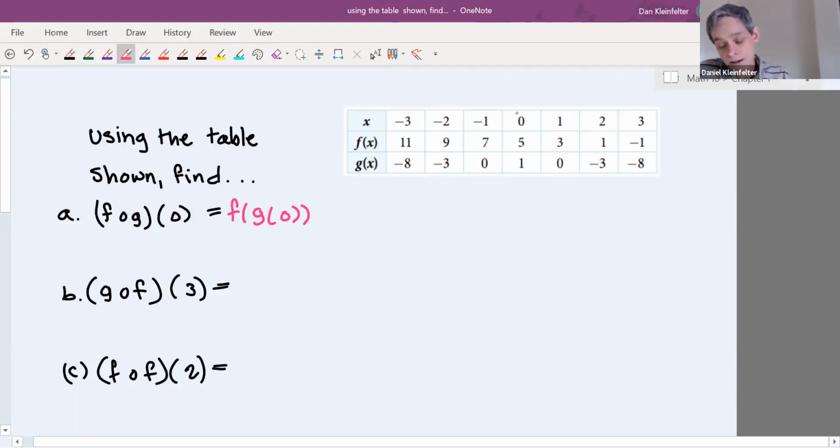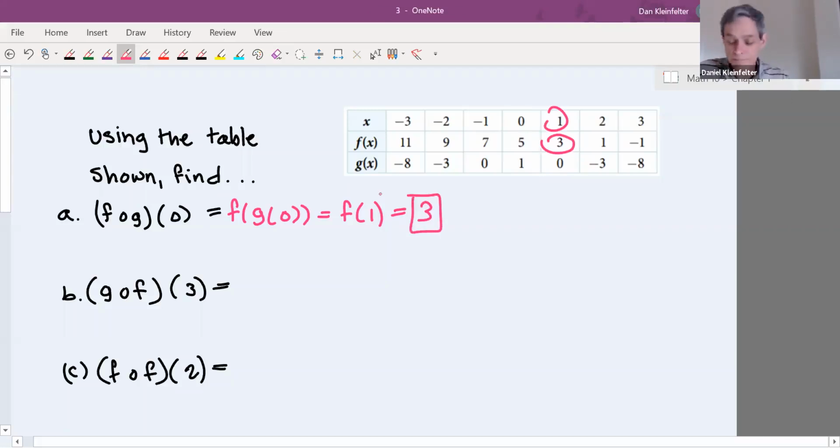X across the top, when x is 0, if you put that into g, you'll get 1 out. So we have f of 1. Now we're going to put 1 into f. If you put 1 into f, you'll get an output of 3. So the final answer there is going to be 3.